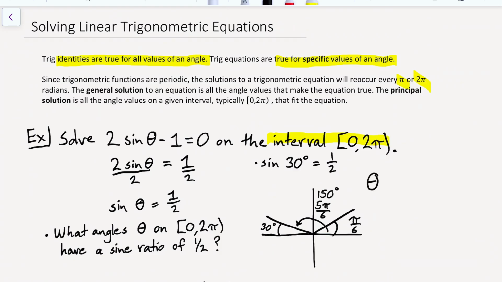We typically give our solutions as radian measure, and so I'm going to say the solutions are pi over 6 and 5 pi over 6. Here are the angles on the unit circle that satisfy sine theta equals 1/2. So they are the solutions to our trigonometric equation.